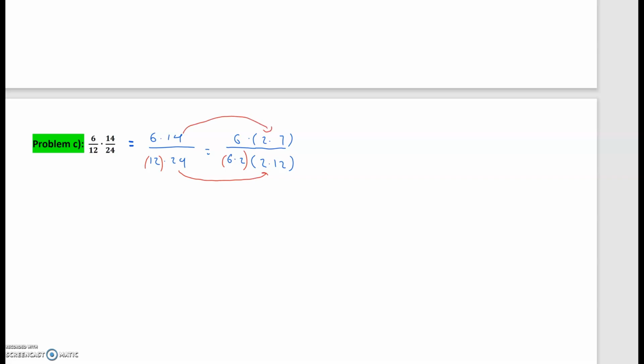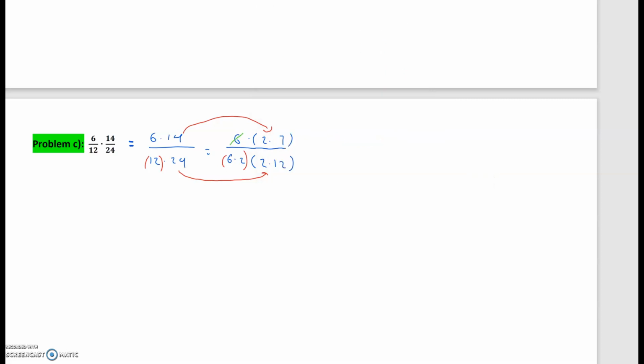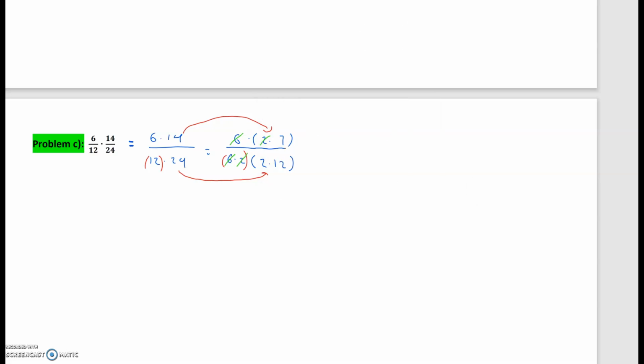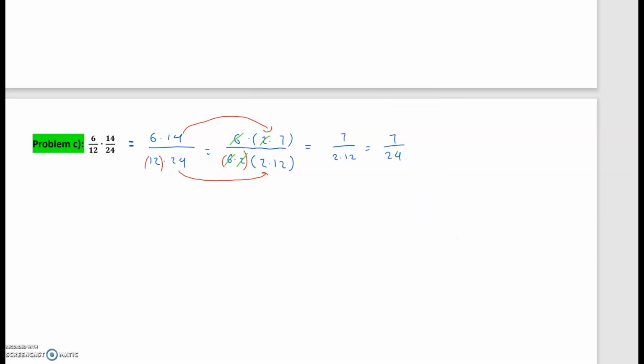And before we make a bigger mess, let me start canceling common factors. So we can cancel the 6 there. We can cancel the 2. And then we're left on the top with a 7 over 2 times 12, or a 7 over 24. That will be it for this one. Let me check all the numbers, but I think we're good.